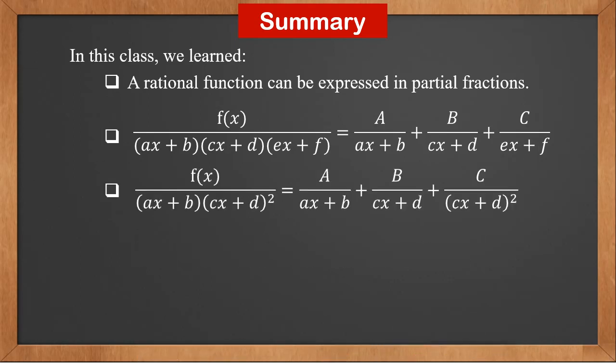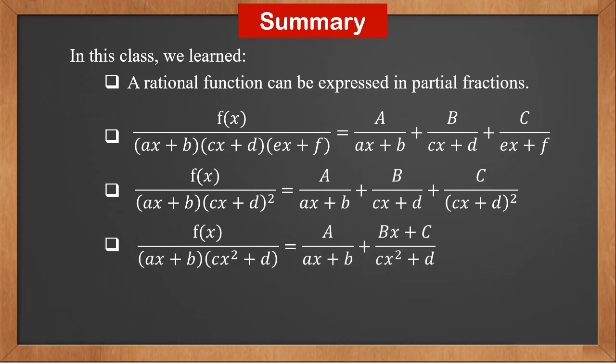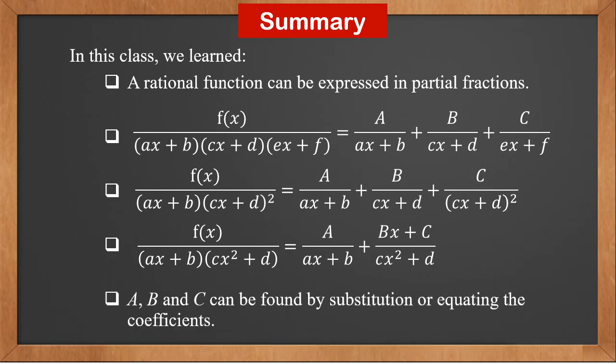If the denominator is (ax+b)(cx+d)², it can be expressed as capital A over ax+b, plus capital B over cx+d, plus capital C over (cx+d)². If the denominator is (ax+b)(cx²+d), it can be expressed as capital A over ax+b, plus (capital Bx plus capital C) over cx²+d. A, B, and C can be found by substitution or equating the coefficients.